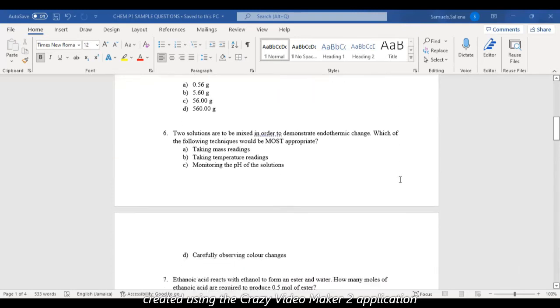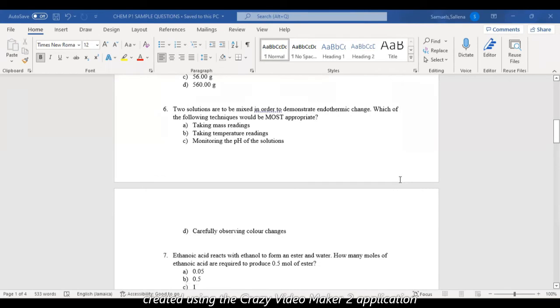Moving on to question 6. Two solutions are to be mixed in order to demonstrate endothermic change. Which of the following techniques would be most appropriate? Taking mass readings, taking temperature readings, monitoring the pH of the solution, carefully observing color changes.